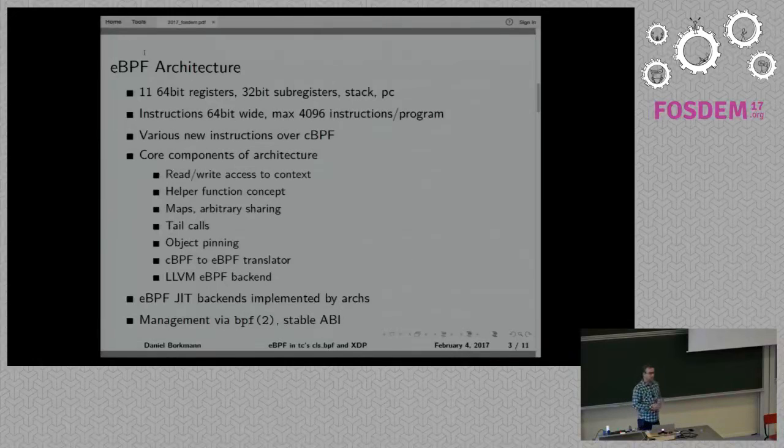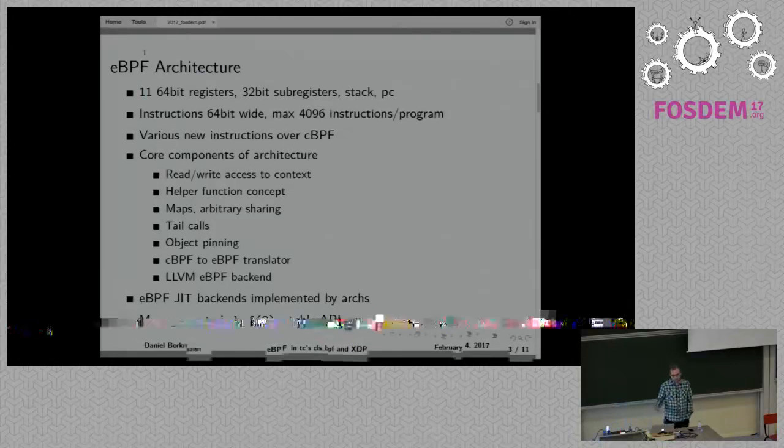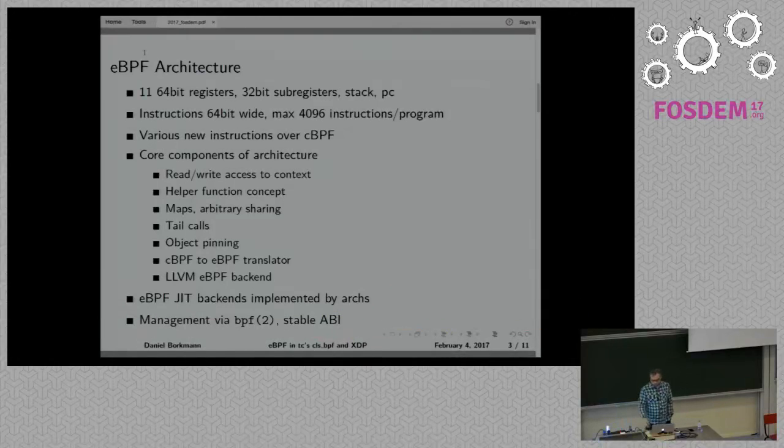Then there are tail calls, the concept where one BPF program can call another BPF program. So you don't have this fixed limitation of 4096 instructions per program, but you can go beyond that. And this is quite useful. It reuses the same stack frame, so it's also quite fast.